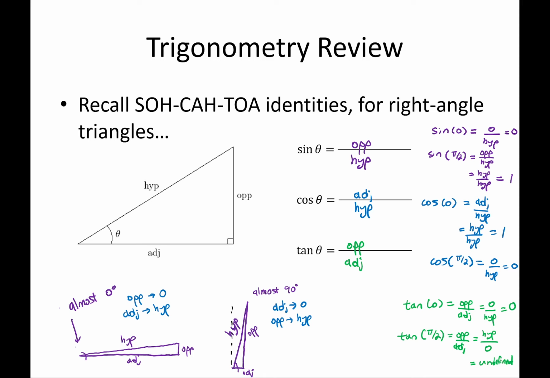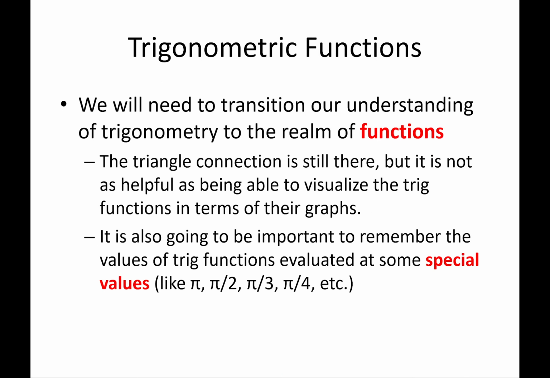So those are the three core trig functions, sine, cosine, tan, defined in terms of ratios of side lengths, as well as what these trig functions do if you plug in angles that are 0 or 90 degrees. I've been mentioning the word function because we're going to be going beyond the description of trigonometry as ratios of side lengths of triangles.